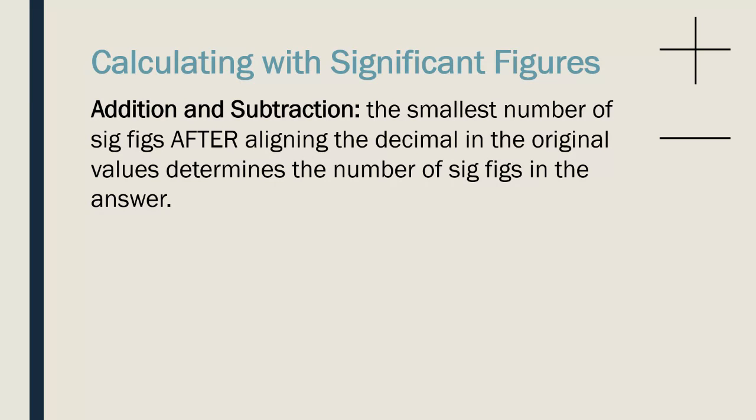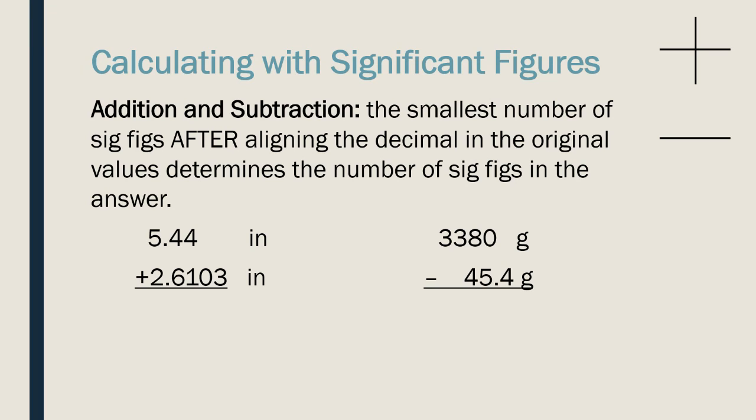All right, calculating with significant figures, addition and subtraction: the smallest number of significant figures, after aligning the decimal, in the original values determines the number of significant figures in the answer. So if we had 5.44 inches and we had to add to that 2.6103 inches, we line them up so the decimals are lined up.